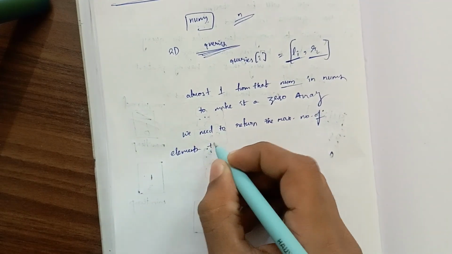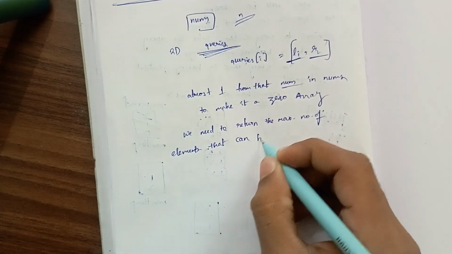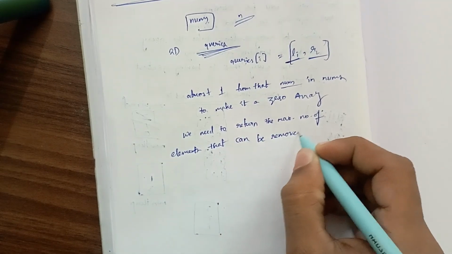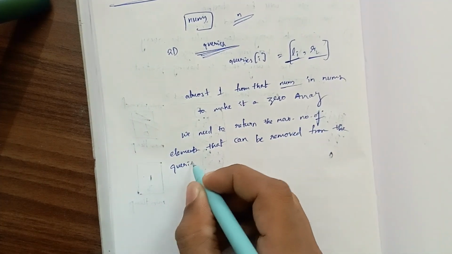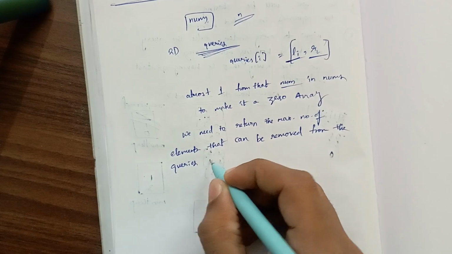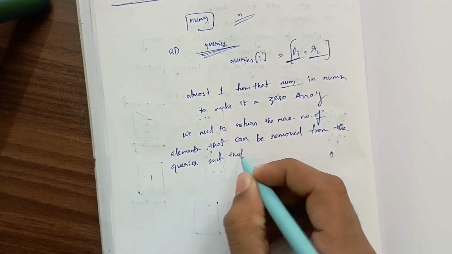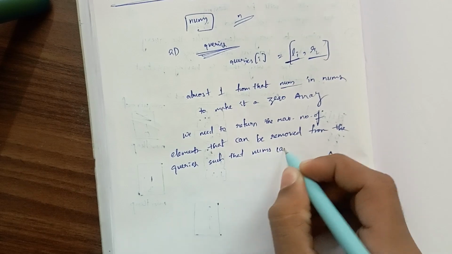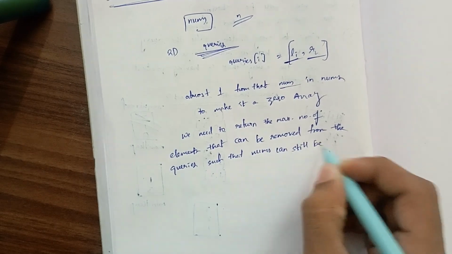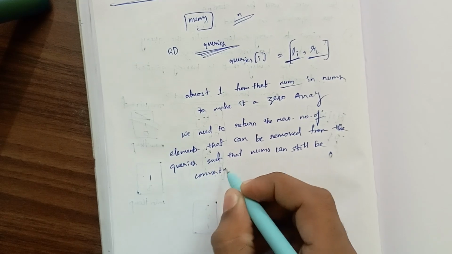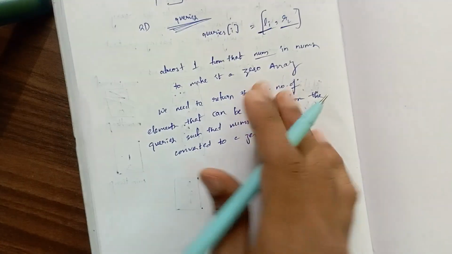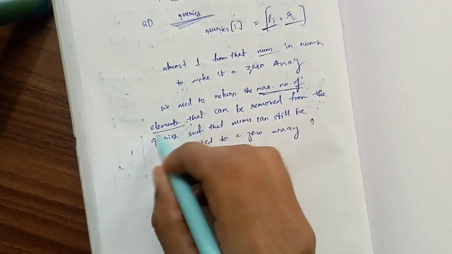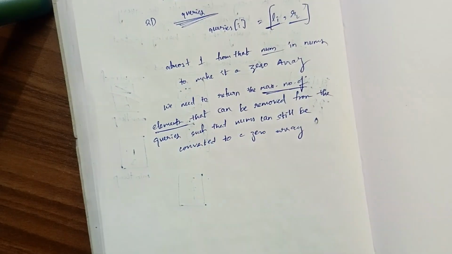elements that can be removed from the queries such that nums can still be converted to a zero array. That means here we are asked for the maximum number of elements that can be removed from queries.